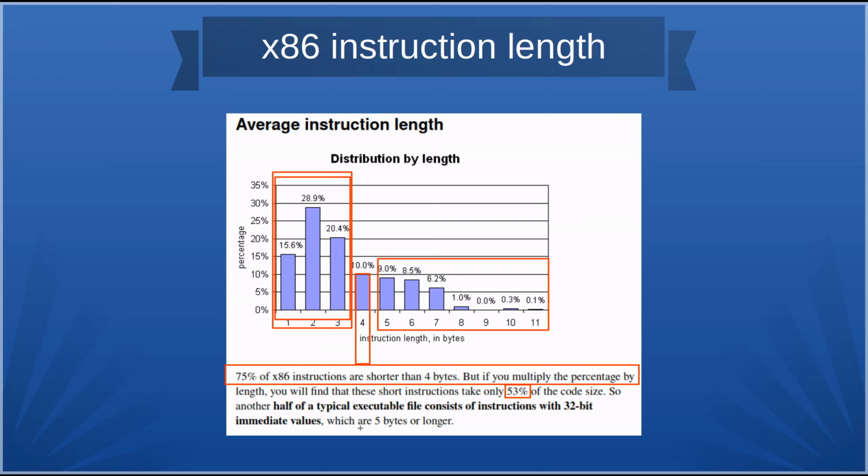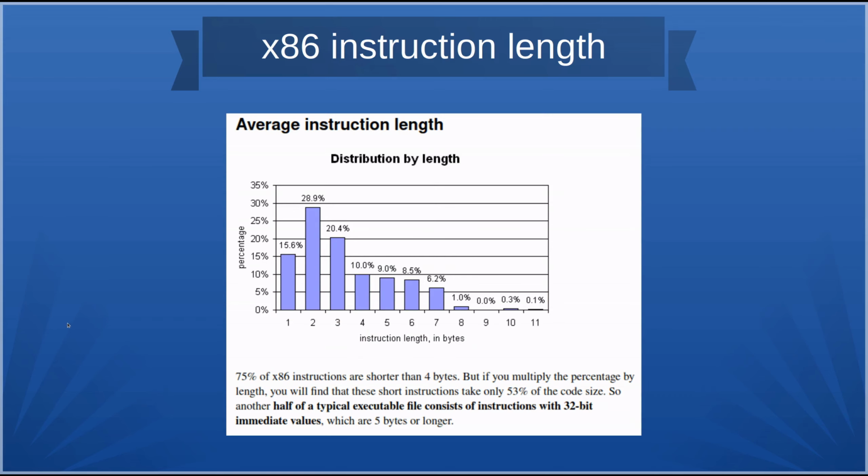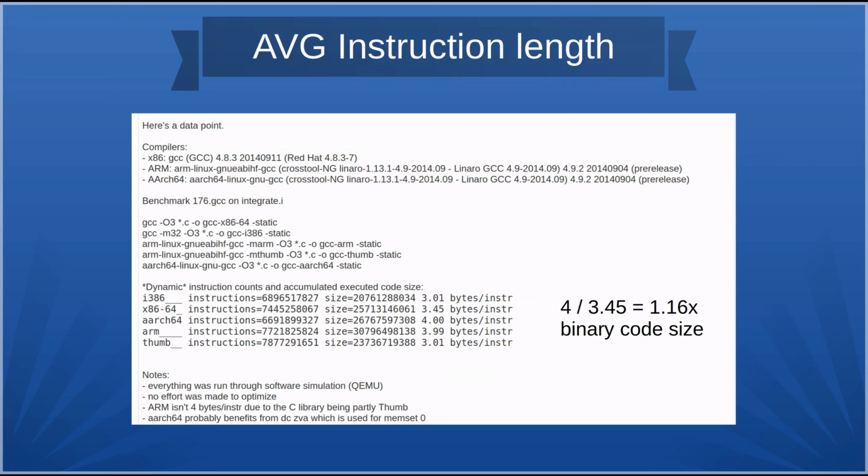Let's take a look at another set of data I found on a forum, where they compare the same code compiled for different targets. You can see here the 32-bit x86, 64-bit x86, and 64-bit ARM, and there is a difference.